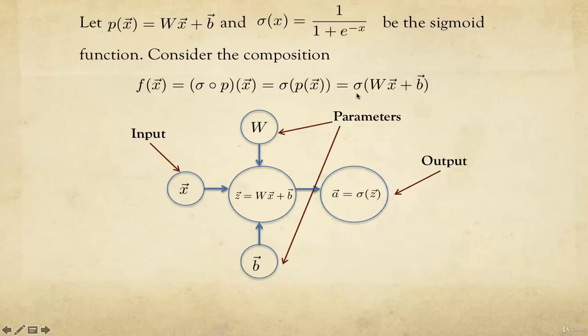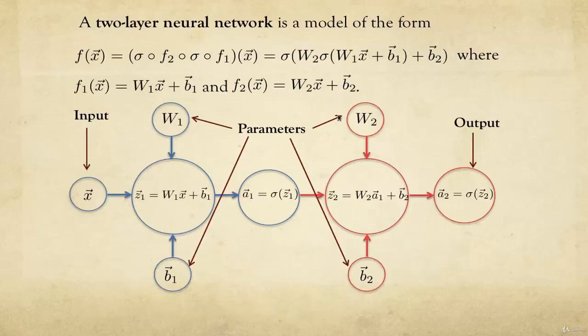Turns out that this picture right here, this computational graph, is a one-layer neural network. A one-layer neural network is simply applying an affine function followed by a sigmoid function. We've seen this in lecture 1, so you can imagine a two-layer neural network is basically doing this twice. So you take x, the input, and we feed forward with the parameters w1 and b1 into z1, so that's the affine function. Then we take the output of z1 and we apply sigmoid to that.